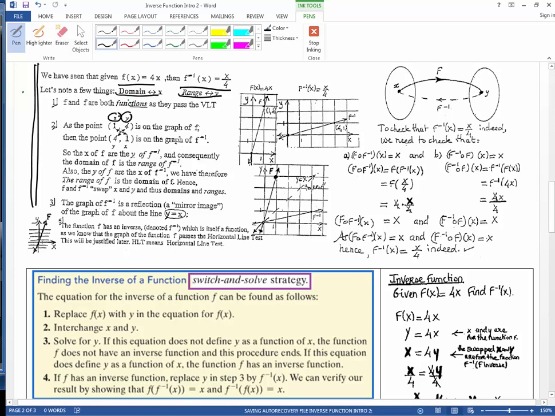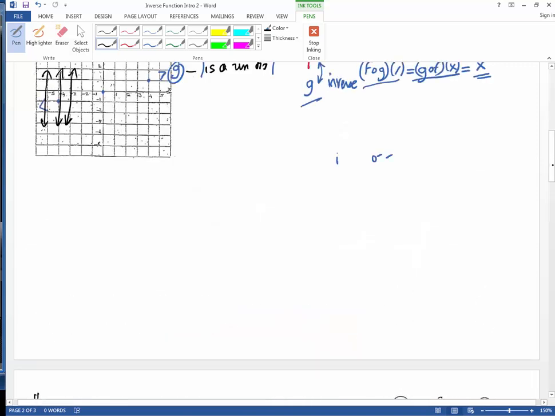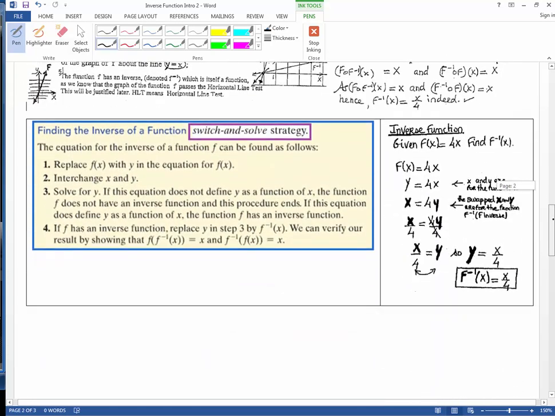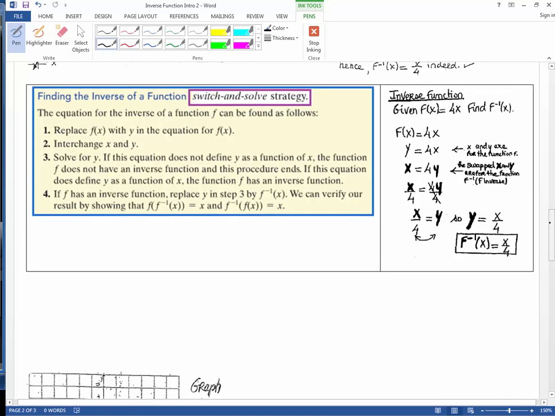So that's very important. Keep that in mind, because at some point you will see that I'm swapping x's and y's, okay? So now let's take a look at the steps for finding the inverse of a function. And those steps are listed right here. It's called finding the inverse of a function, the switch and solve strategy.